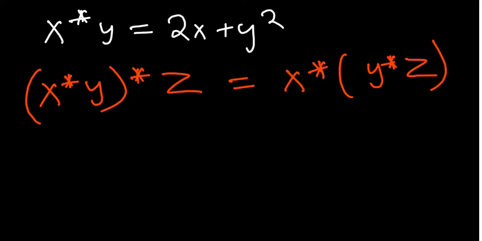So I'll start with the left hand side. Now notice that x star y has already been given in the question. So now we just have to find it against z.